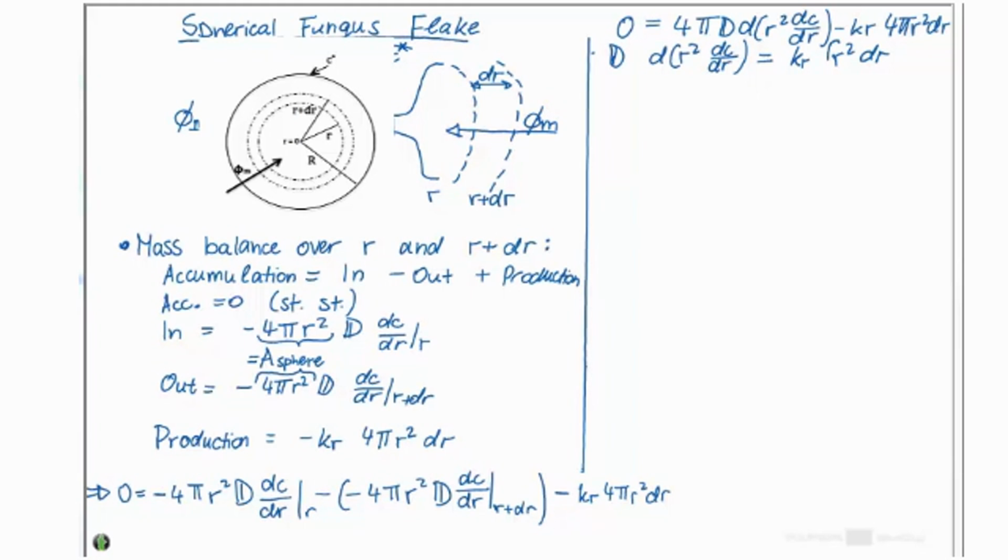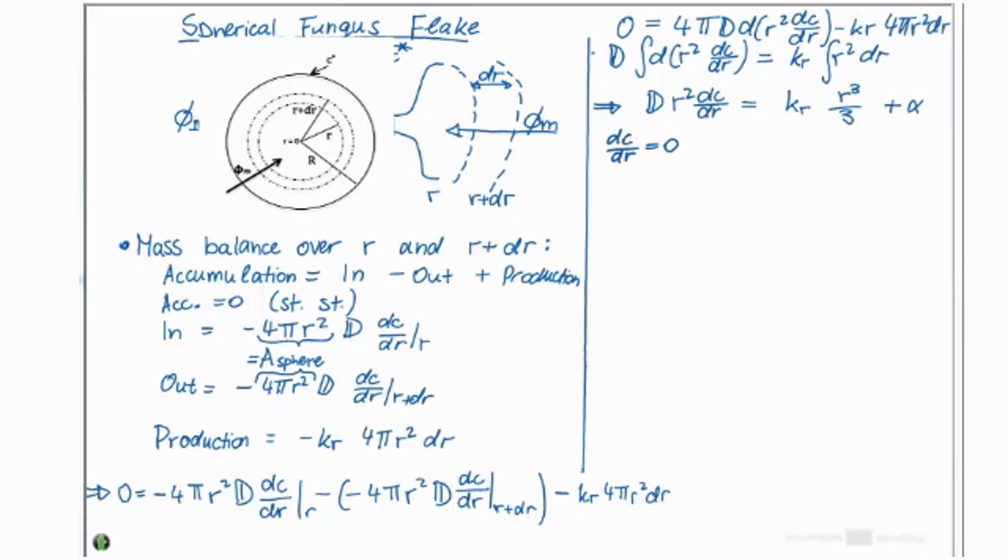From here, you can integrate. On the left side, you integrate the derivative of r squared times dc over dr, which will then become r squared multiplied by dc over dr. And on the right hand side, you integrate r squared times dr, which will become r cubed divided by 3.